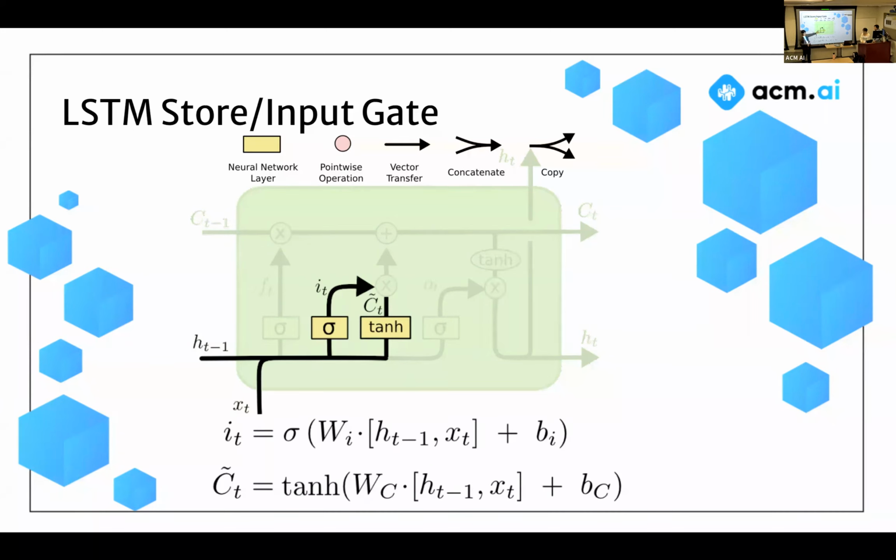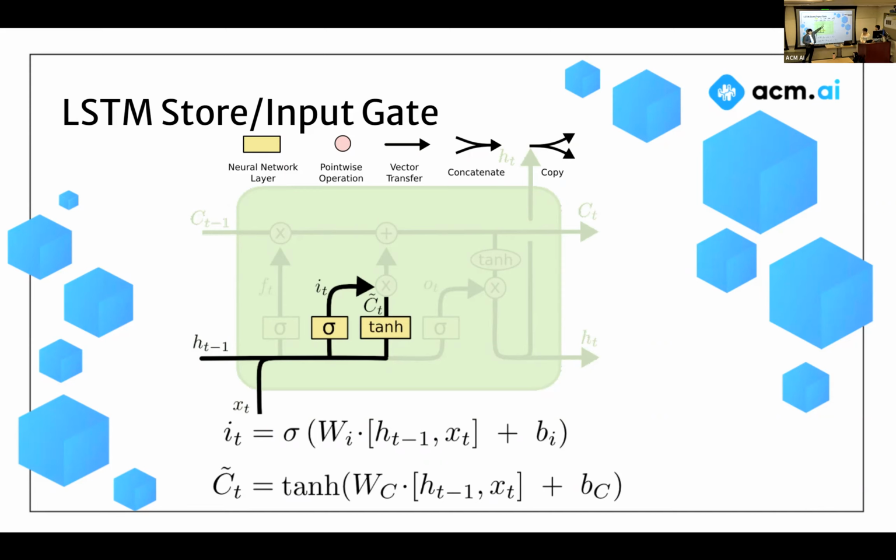Using basically the same mechanic as before, we first create a mask that says some stuff is important and some stuff is not. Then we use this tanh gate, which takes these two inputs and processes them into some information that will be put on the conveyor belt. The mask then says, let's keep the actual important bits of the information, and then we add it onto the conveyor belt.